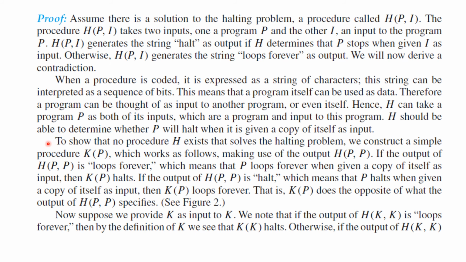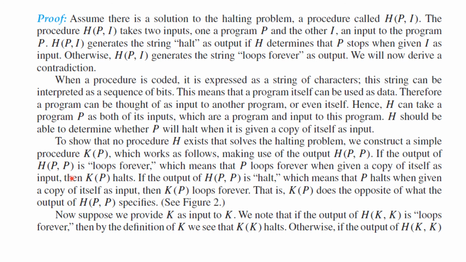To show that no procedure H exists that solves the halting problem, we take a simple procedure called K(P), which works as follows, and makes use of the output of H(P,P).